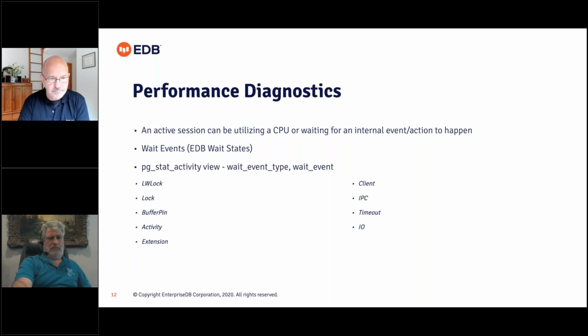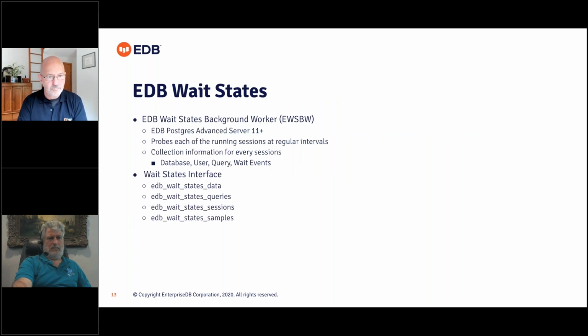Basically, it runs in the background as a background process, and it samples each session at regular intervals and collects whether each of the sessions was waiting or actually doing some work. Those kinds of information are collected by Wait States at every regular interval, and that will help you analyze the query execution over a period of time.